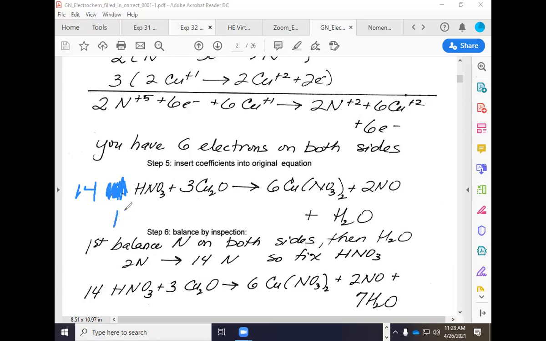That means we'd have 14 hydrogen ions, which means we need 14 H plus on this side. And so we will put a 7 in front. And now it's balanced.